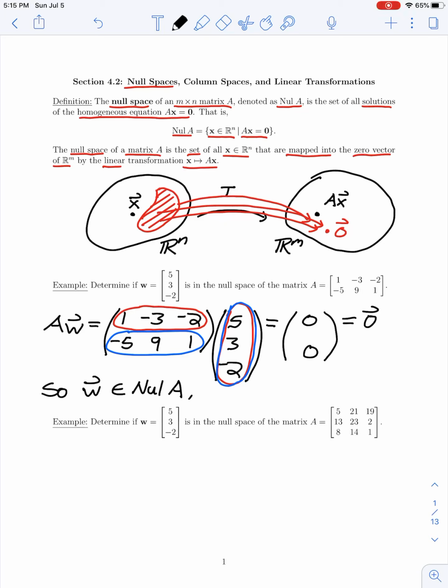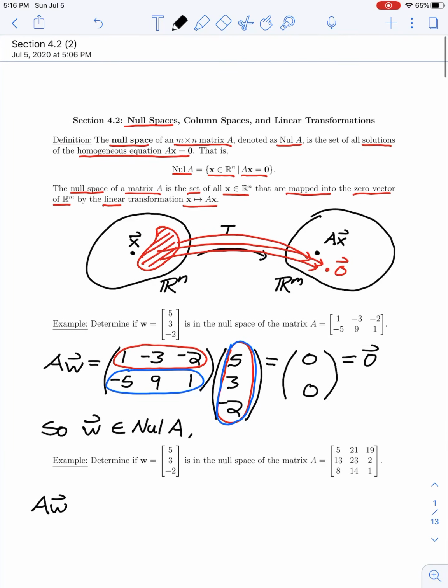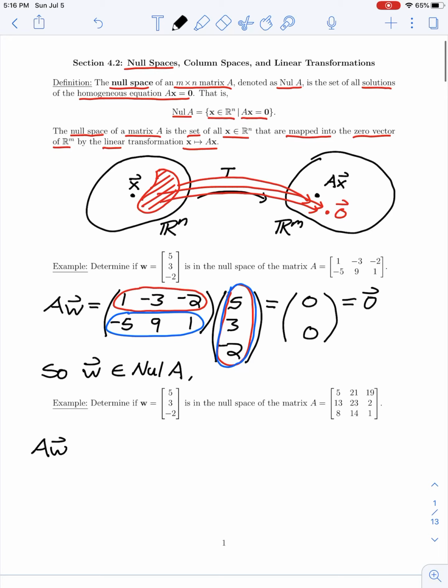So in the next example, we've got the same vector w, 5, 3, negative 2, and we're asked to determine if it's in the null space of the matrix A, which is this 3 by 3 matrix shown here. So again, let's consider the product A times w. We want to see whether this maps to the zero vector.